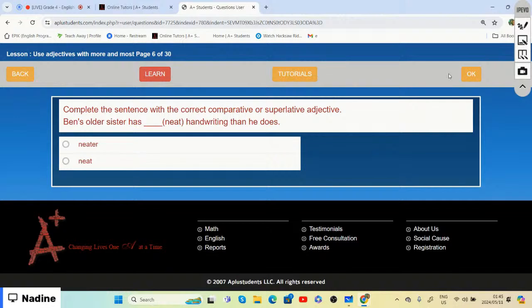It says Ben's older sister has, do we say neat handwriting than he does, or do we say neater handwriting than he does? Option one or option two?